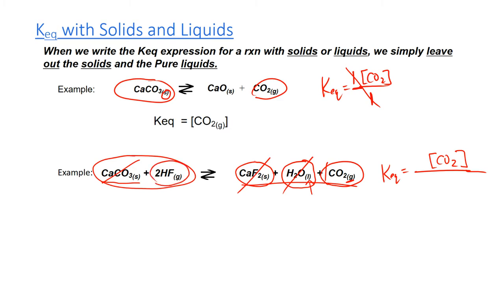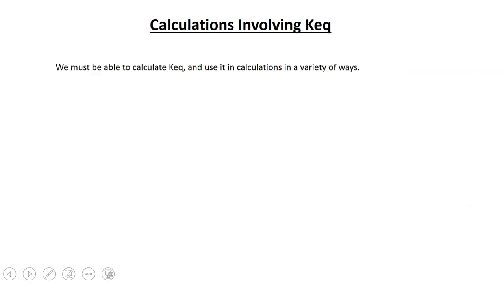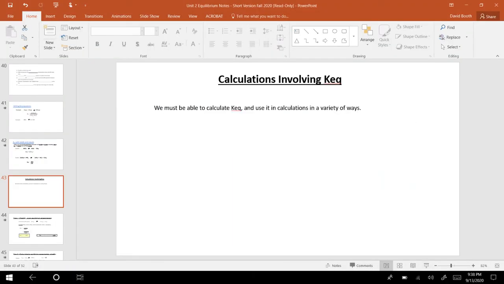My second reactant is a gas, so I include its concentration, and the coefficient there was 2, so I need to square that value. So there's our finished formula or equation to calculate the KEQ value for that reaction. Okay, in this section we'll stop there and we'll look at some calculations, a little bit of practice building this equation on its own.